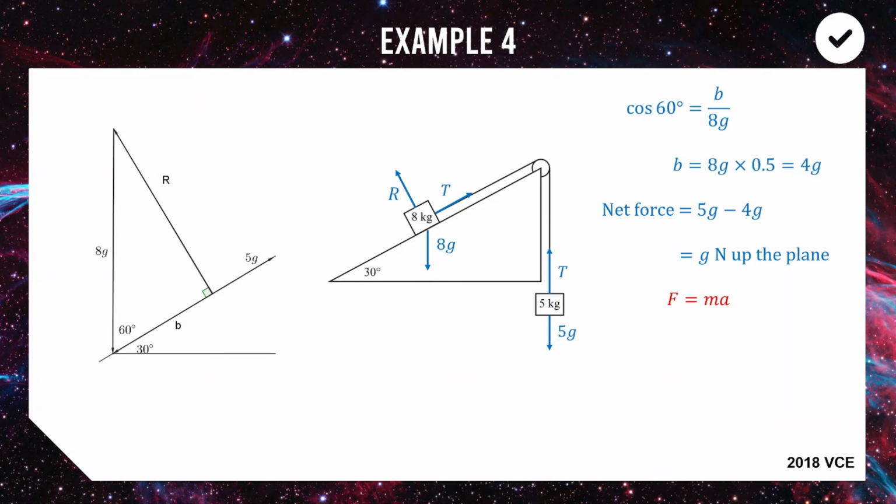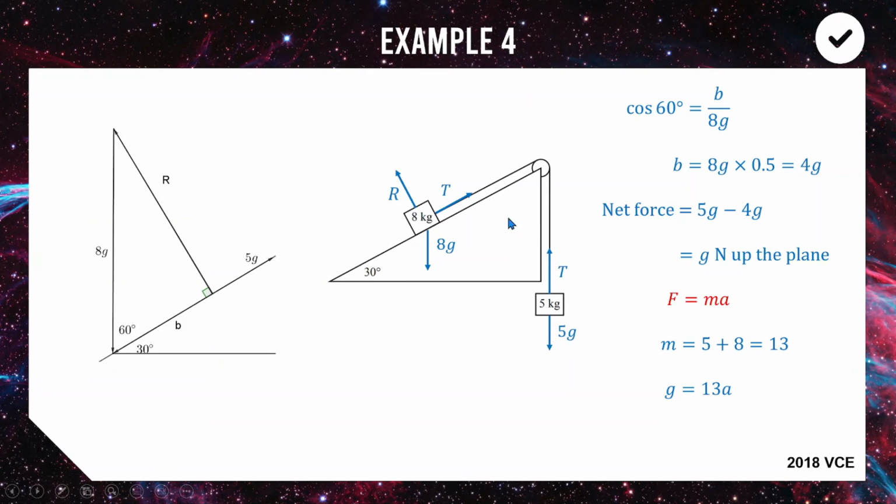This is where things get a little tricky because the mass is a little bit trickier. You have to keep in mind, this is 8 kilograms and this is 5 kilograms, but because they are connected by a string, you have to consider them as one object with a mass of 13 kilograms. So the left-hand side is the force, which is g. The right-hand side is mass times acceleration.